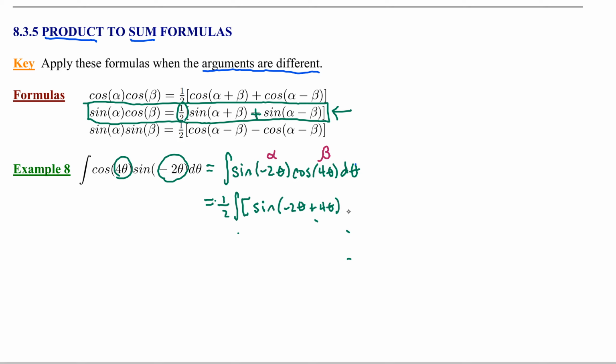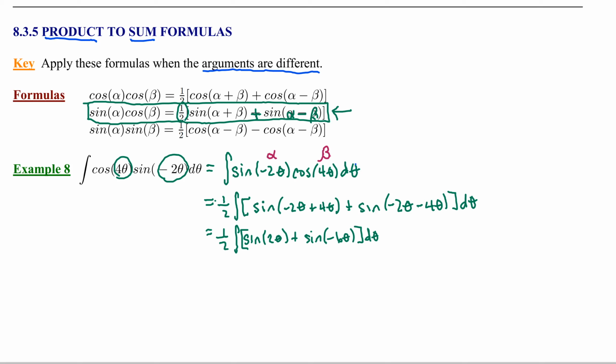Then we have plus sine of, this time, alpha minus beta. That is negative 2 theta minus 4 theta. Simplifying the arguments, we have 1/2 times the integral of sine of 2 theta plus sine of negative 6 theta d theta.